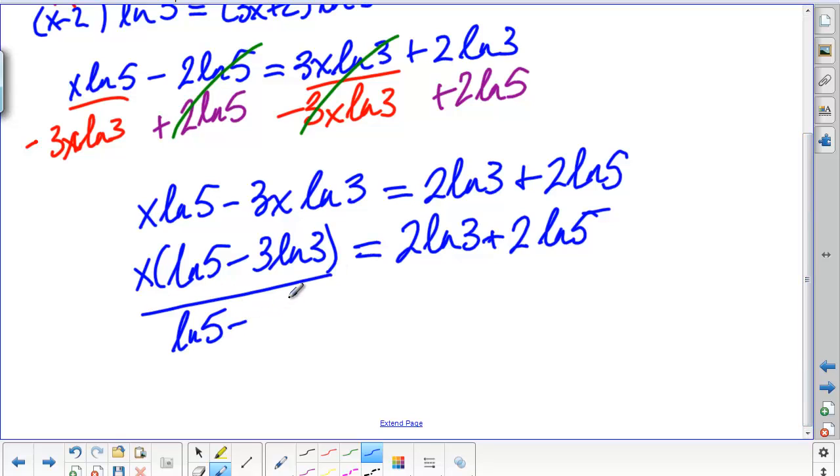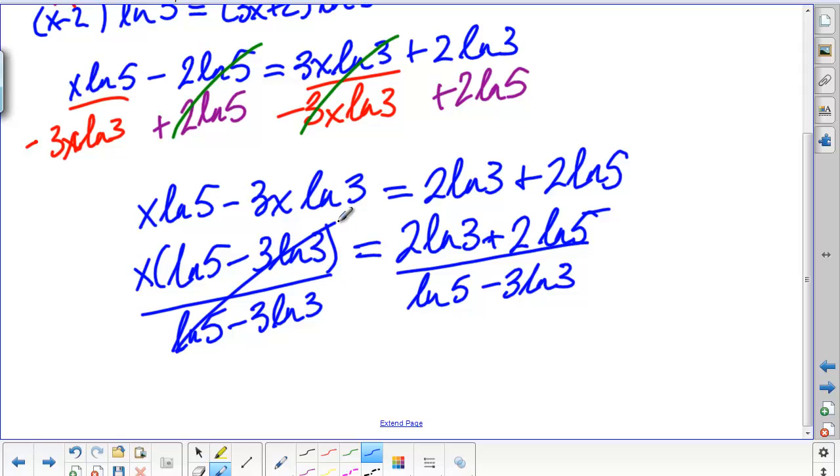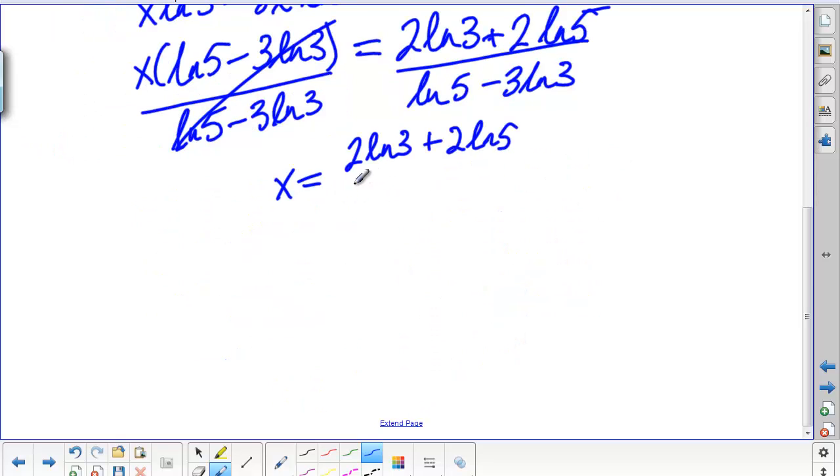It just looks messy because it's not written as what we would normally write a number as. So we just divide that out, and we get that x is this whole mess right here, 2 natural log 3 plus 2 natural log 5 over natural log 5 minus 3 natural log 3. So that's the exact form.